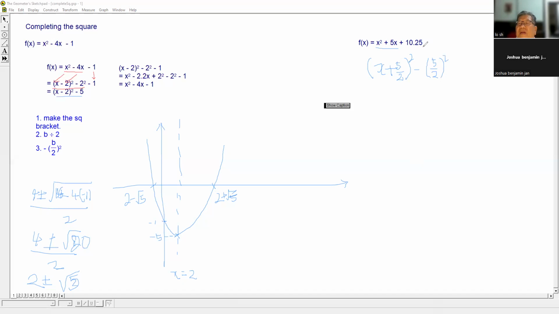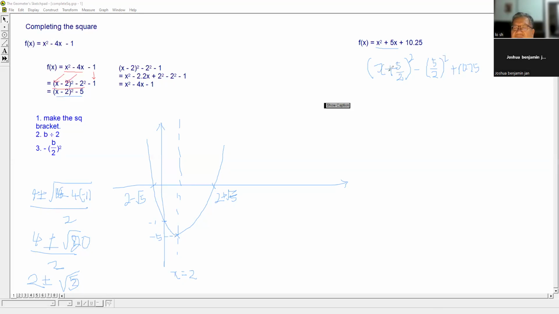Right? Then this number you copy down. If it's plus, then you put plus 10.25. Okay. So this is actually completed the square already, right? Completed the square. So you just need to simplify this.